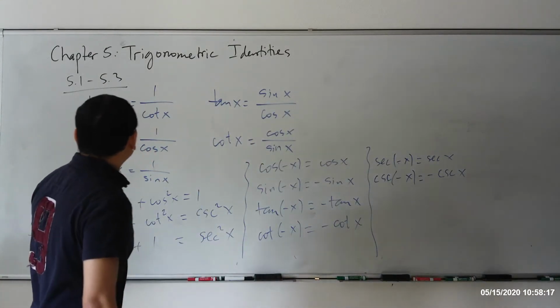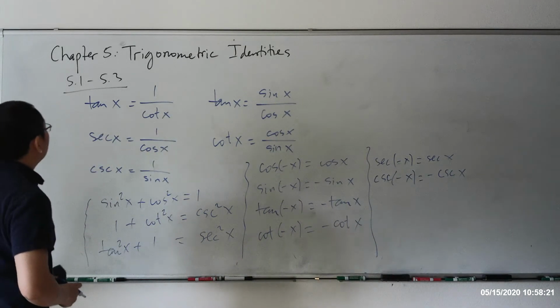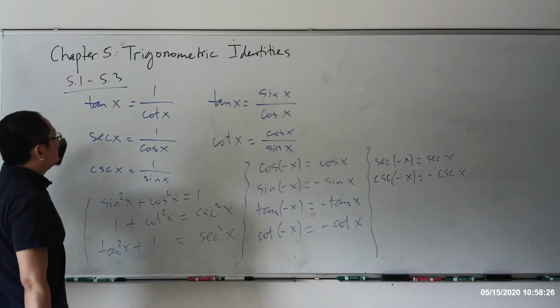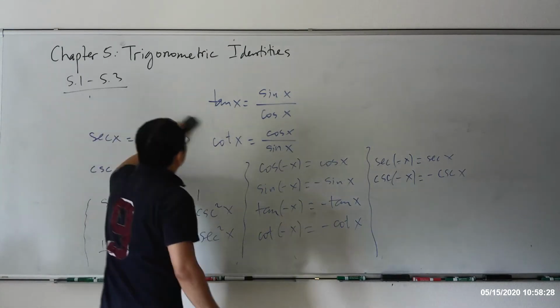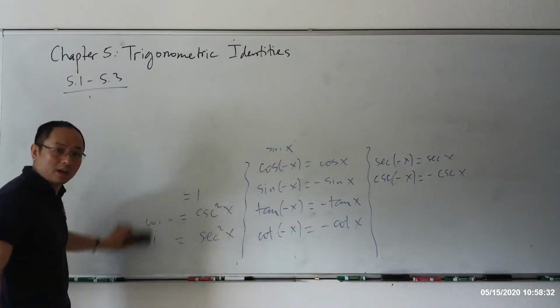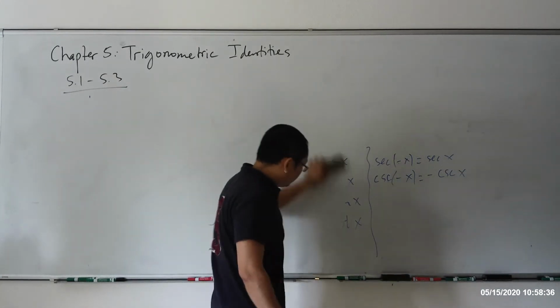Let's move on to the sum and difference formulas for the angle of cosine. Let me erase this. I'm just giving you all the formulas necessary for our lecture today, and we're going to practice some exercises.